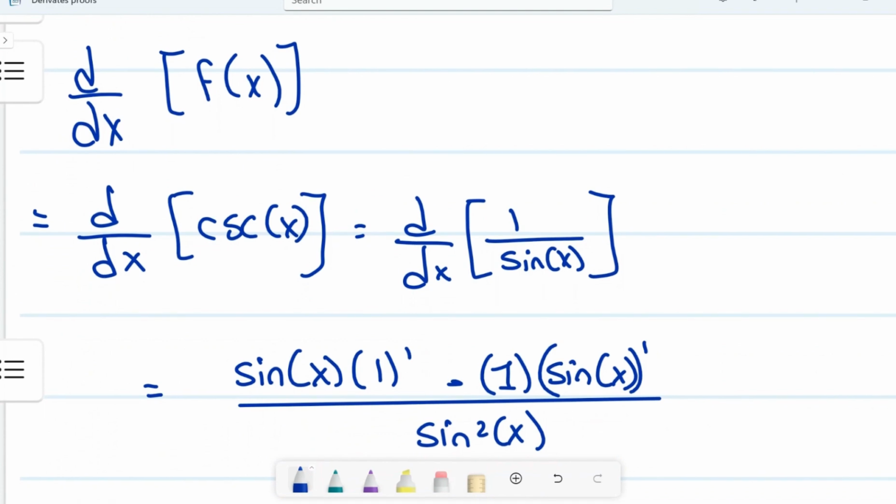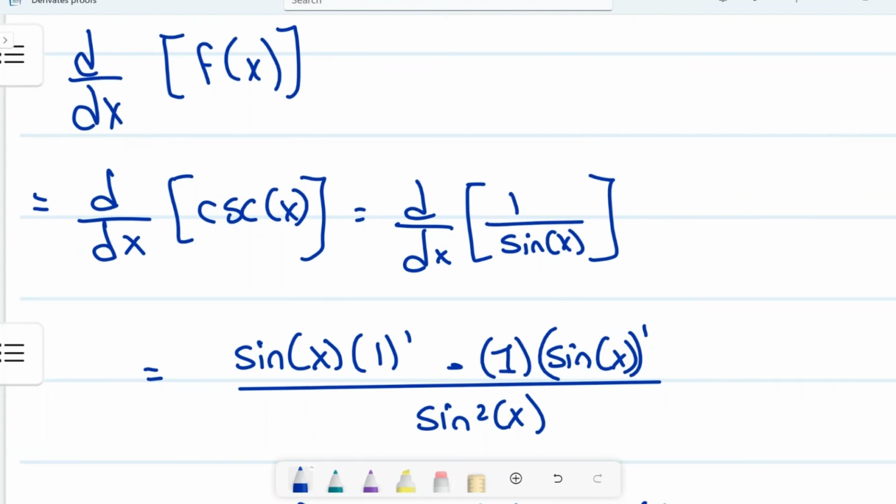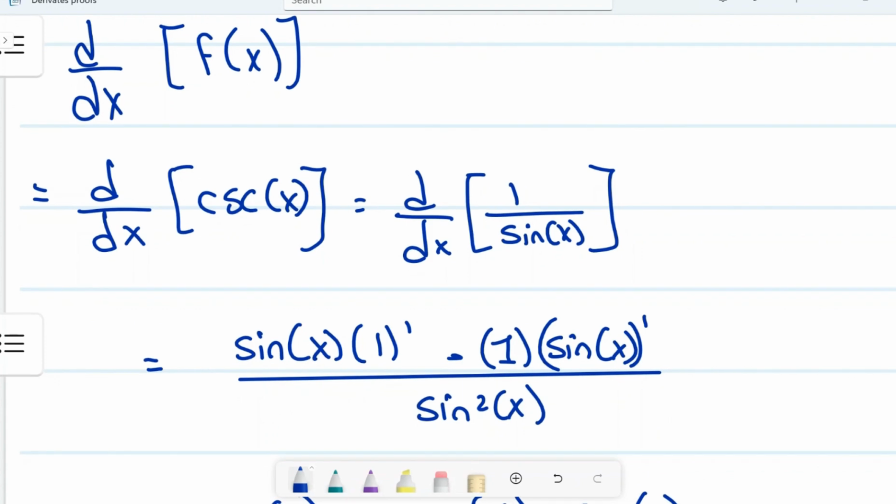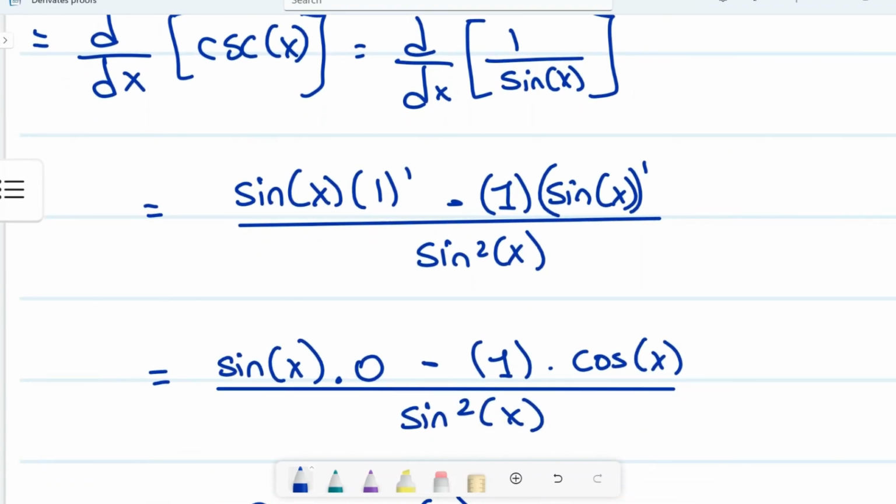And here we use the quotient rule, so the denominator, sine of x, times the derivative of the numerator, which is 1, minus the numerator, which is 1, times the derivative of the denominator, which is sine of x. So all of that divided by the denominator squared, so divided by sine squared of x. Now the derivative of 1 is 0, and the derivative of sine of x is cos of x.